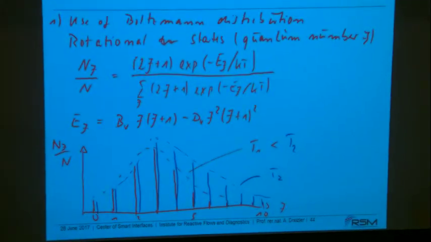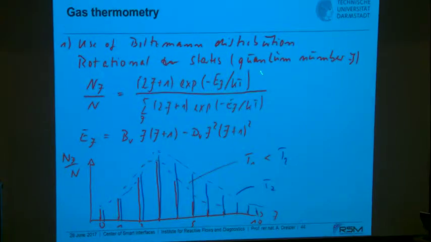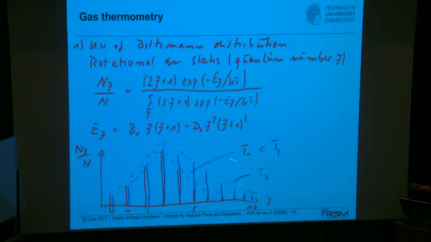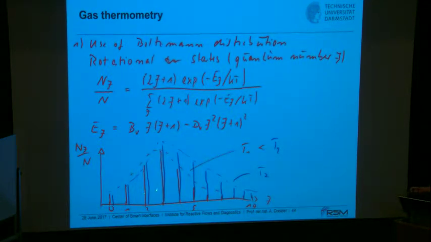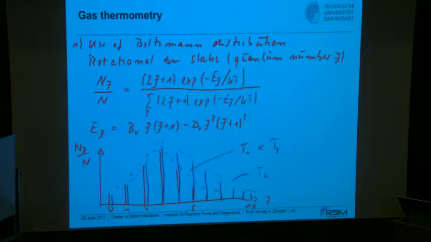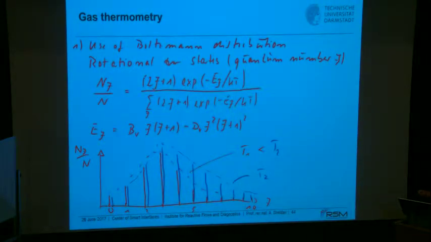And the basic idea in gas thermometry based on this Boltzmann distribution is either to monitor the full spectrum. Each of these lines can be found in the spectrum, for example in laser-induced fluorescence or in CARS that we discussed. And of course, you can also take a different approach, when you just take, let's say, 2 lines of them and take the ratio.